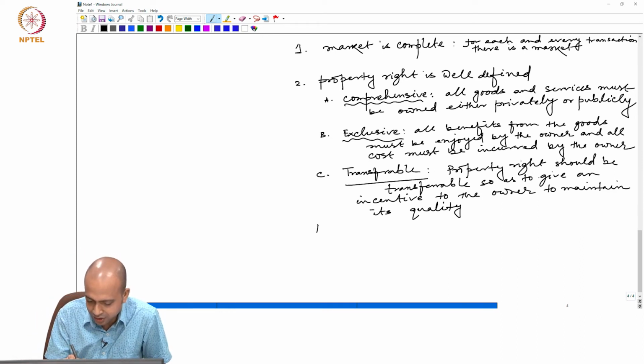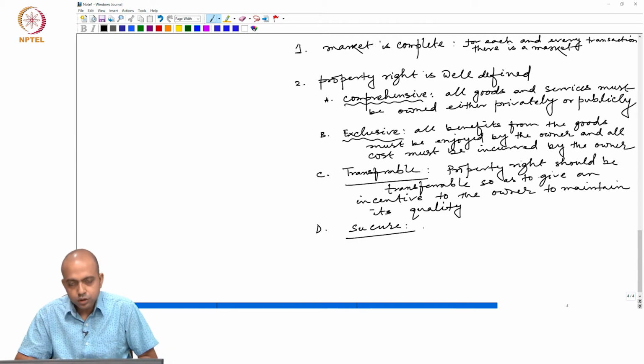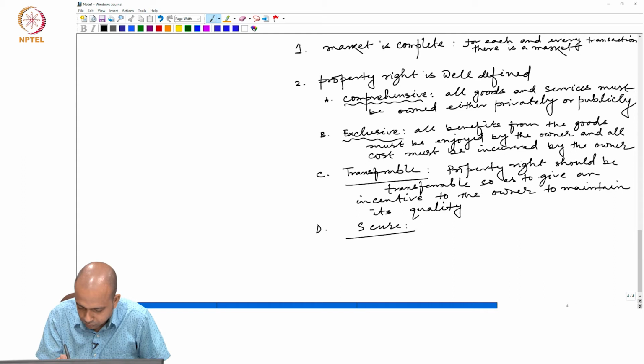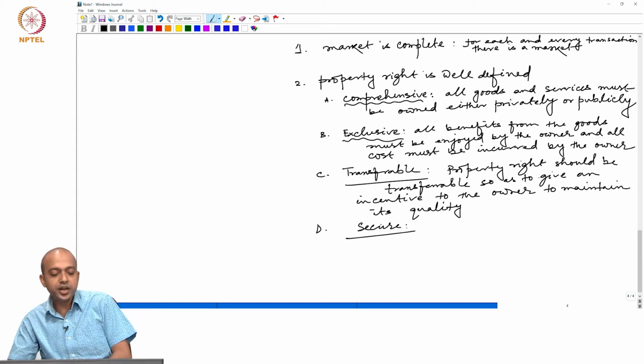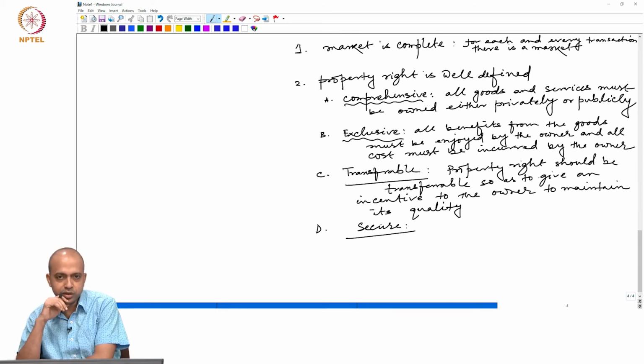Then lastly, secure. Property right should be secure also. If there is no security, then nobody will own a product. Suppose a shopkeeper is selling some products, but there is no security for him.